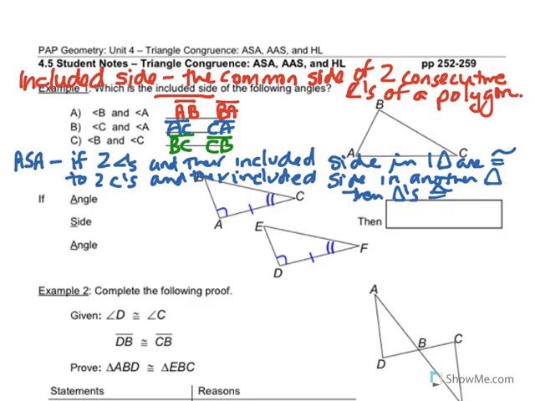Now that's a lot to write down in a proof, so we get to just say ASA when we're doing proofs. So let's look at the two triangles that we have here.